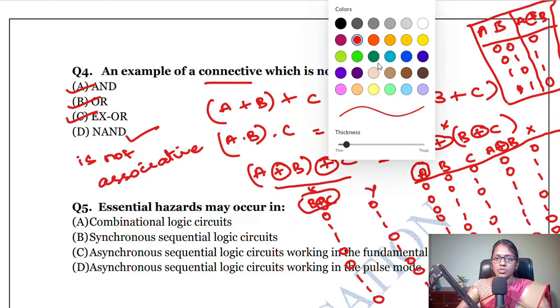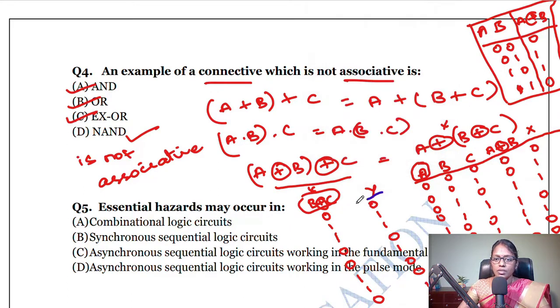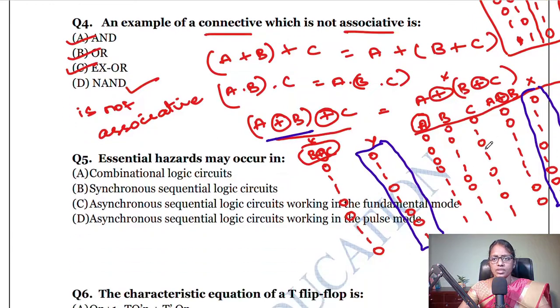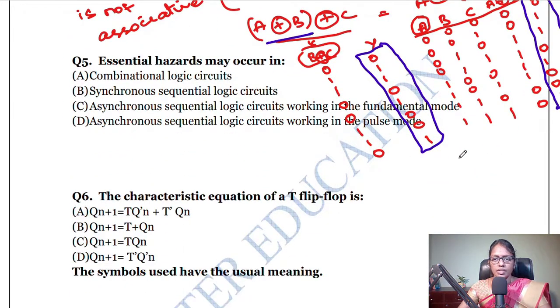Now you can observe that this value is equivalent to this value, so we can say LHS equals RHS. So I said that exclusive OR is associative: (A exclusive OR B) exclusive OR C is equivalent to A exclusive OR (B exclusive OR C). Work out these truth tables slowly and you can get the answer.